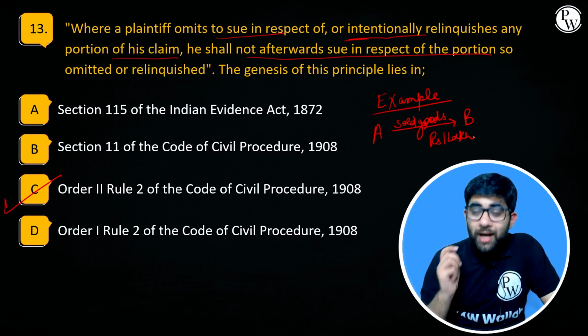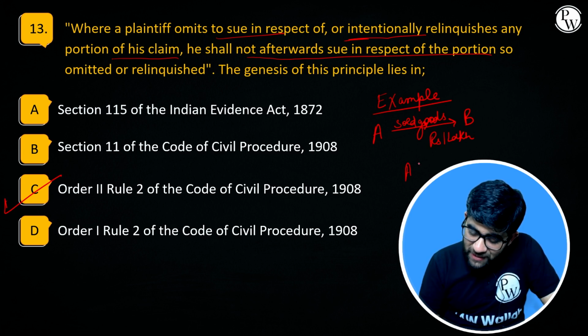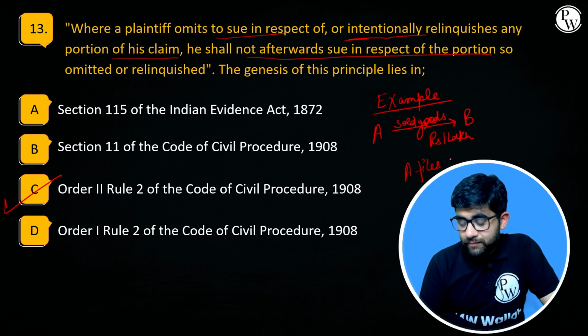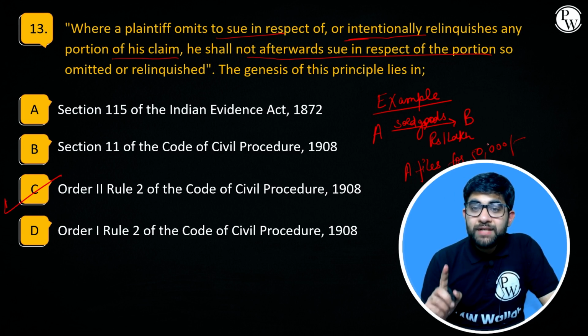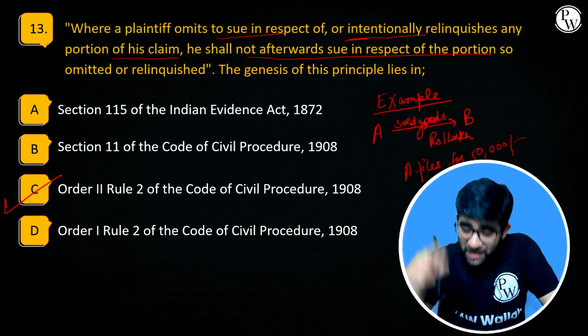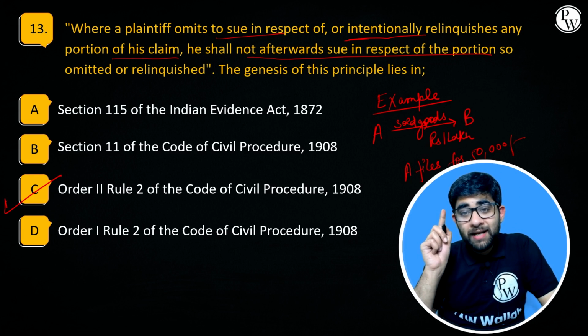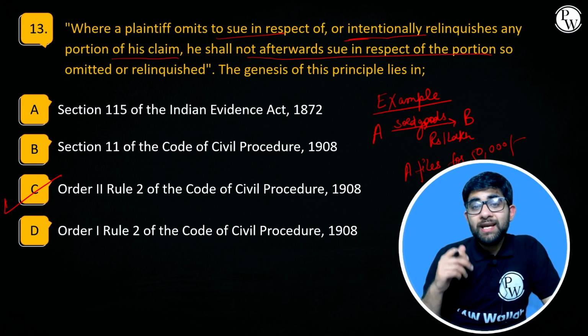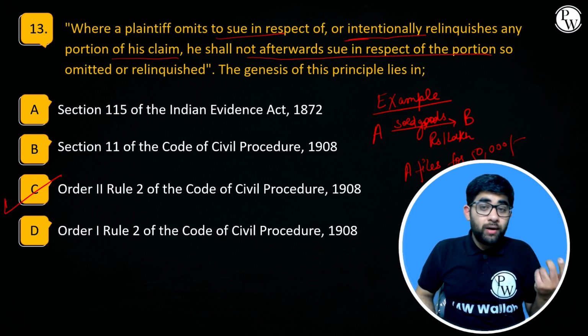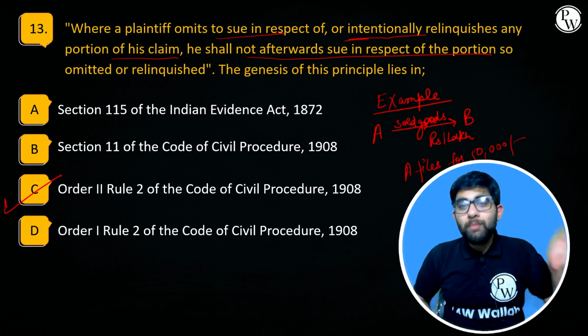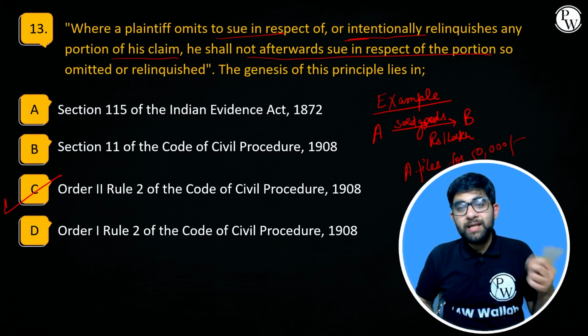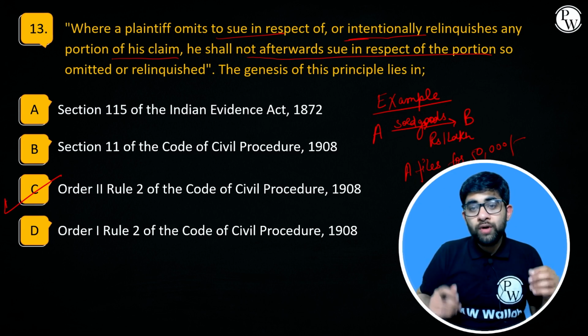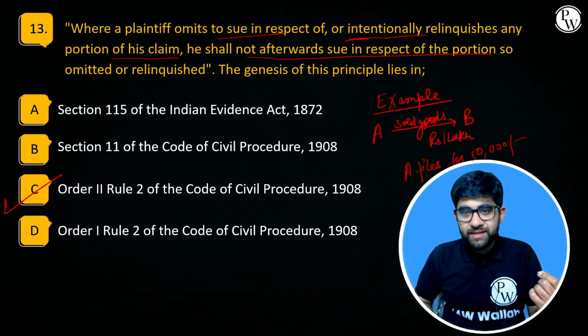Now A files a suit for 50,000 rupees of the same transaction, though he was getting 1 lakh. So now he cannot come again and say that by mistake it was left out and I had relinquished it, so he cannot come again to the court saying it was not 50,000, it was 1 lakh. So you have to approach the court with all the facts on the very first instance only.